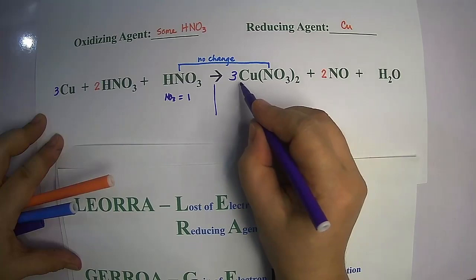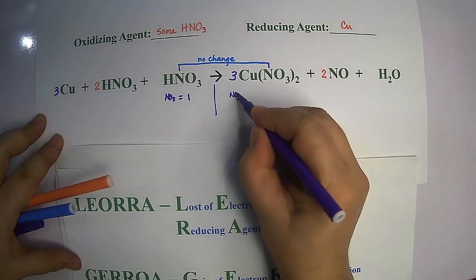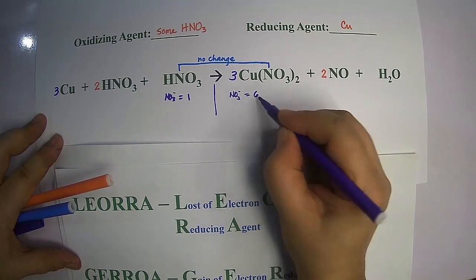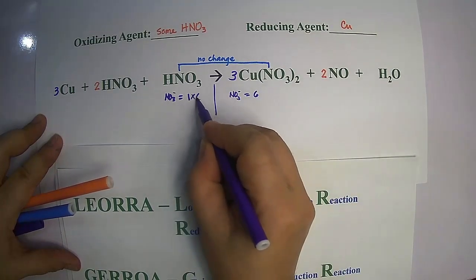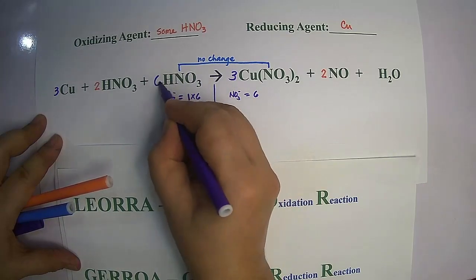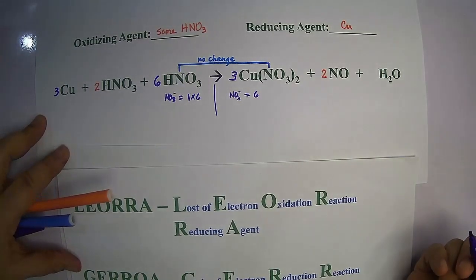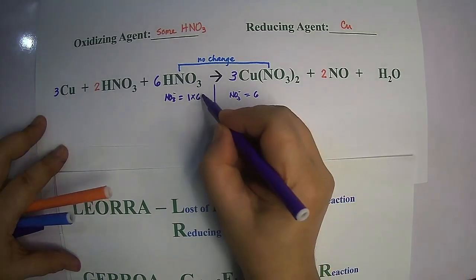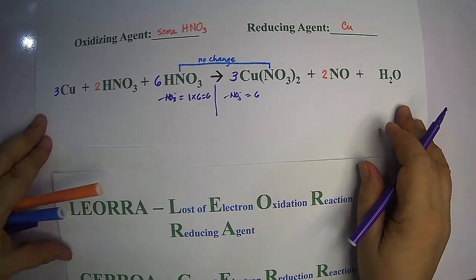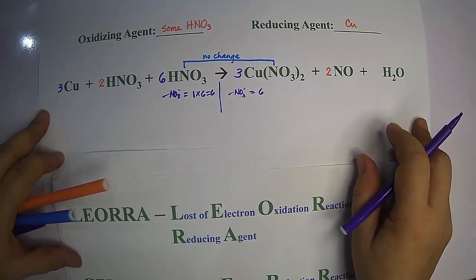On the other side, you have the nitrate ion, here we have 3 times 2, a total of 6. So you don't multiply it this way, but you attach it at the beginning of the molecule. So that is 6. So, balanced. Then, after the anion, we balance the hydrogen.